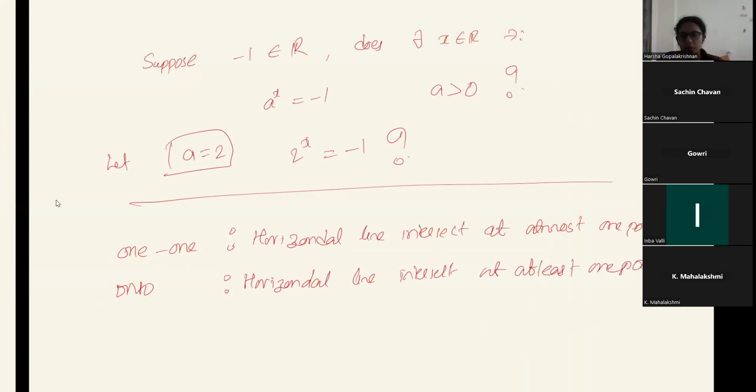Is this clear? Are both statements clear for everyone? I don't know whether I made it complicated or not. How, using the horizontal line test, can we examine the one-oneness and onto-ness? Any doubt here? Please justify onto using the graph.